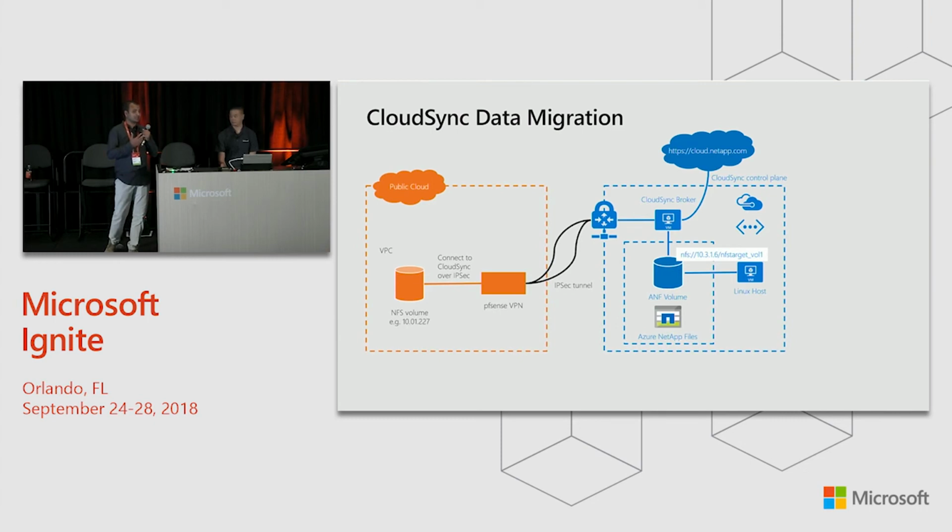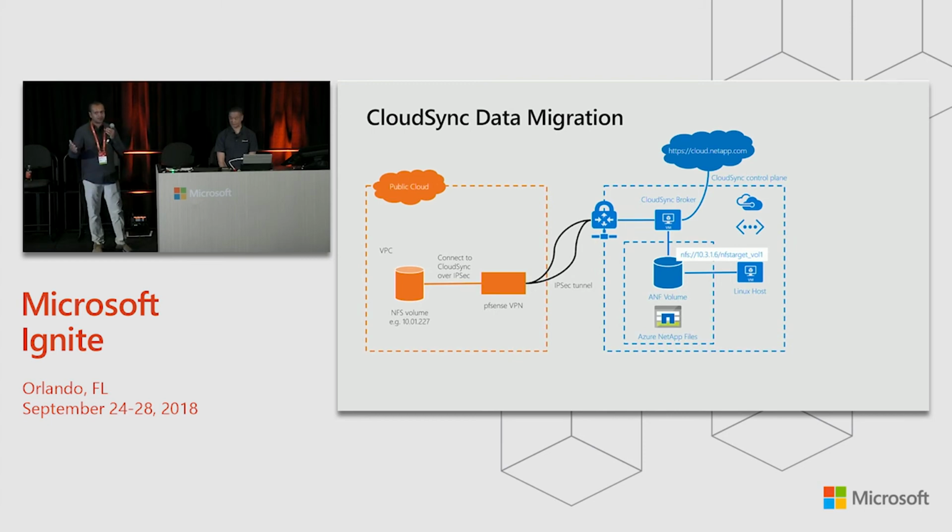Depending on the size of your pipe, customers have moved as much as 30 to 40 terabytes in a single day from on-prem to the cloud. In aggregate, they've been able to move petabytes of data. It's a great service. We had a recorded demo, but we didn't have time, showing how you could move data from Amazon EFS to Azure NetApp Files, all using Cloud Sync.